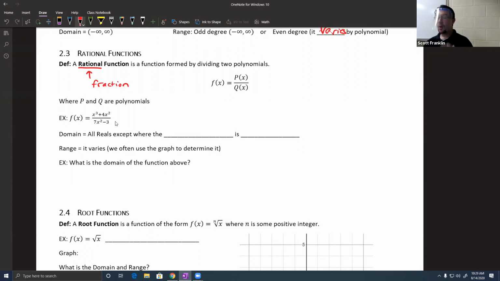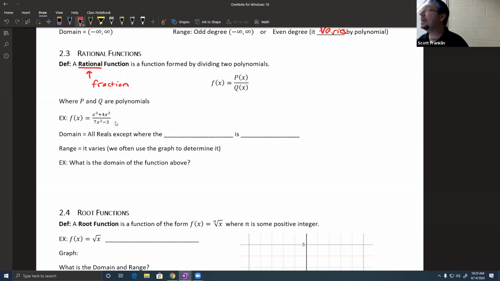Okay, so this is an example of a rational function, and if I ask you to find the domain of something like this, you have to think through, what can I plug into this that actually gives me a legitimate output? Up to this point, everything was allowed, but now we have a problem, and it's the old divide by zero problem, right? If you plug in a number that makes the denominator 0, you have no output. It's undefined.